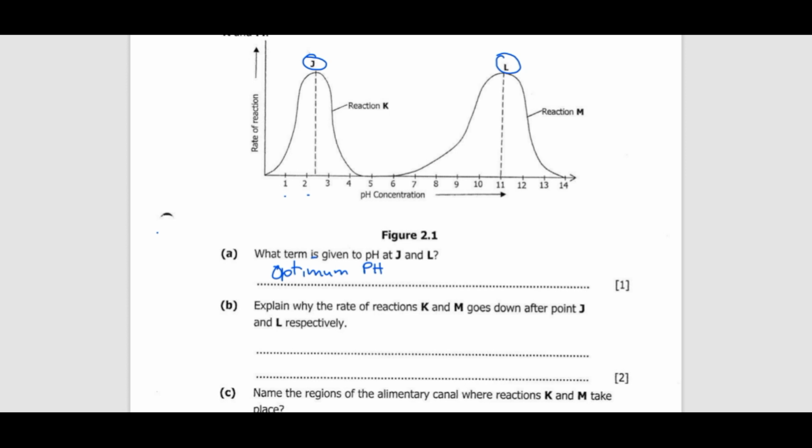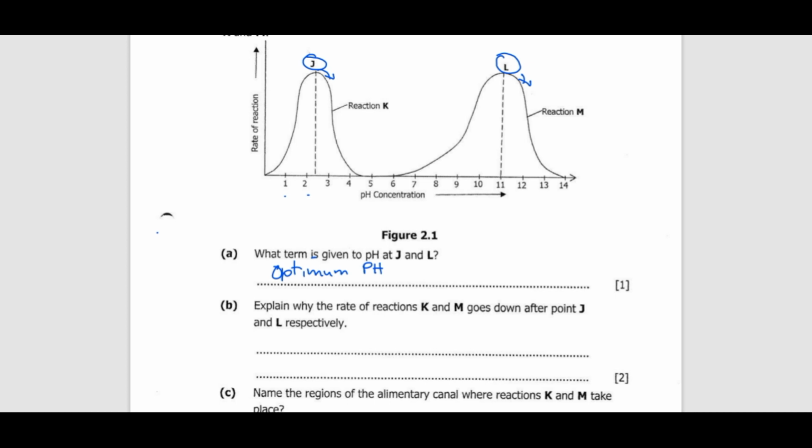So the question, explain why the rate of reactions K and M goes down after point J and L respectively. Why is it that the reaction started going down as it reached the point J? Same applies with reaction M. After reaching L, it started going down.